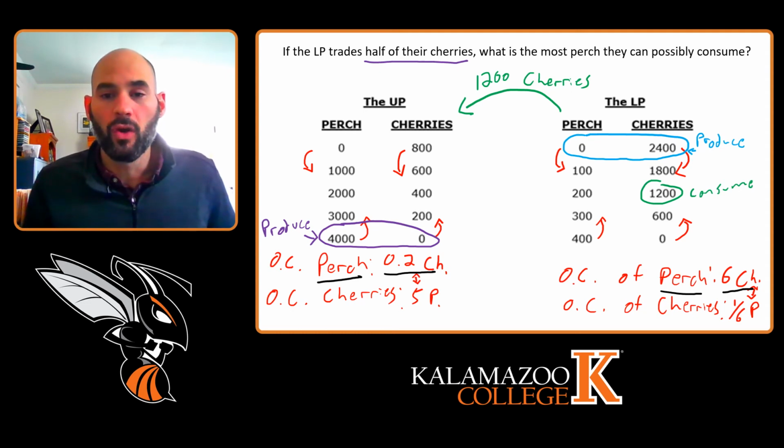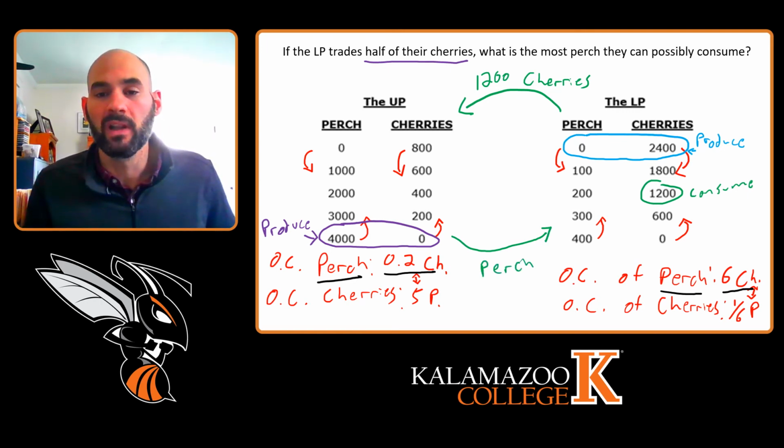So we would then want to know how many perch the UP is willing to send the LP in return for 1,200 cherries. In particular, this question is asking us what is the most perch they can possibly consume.